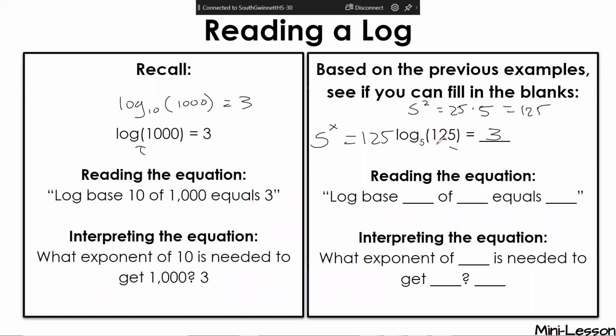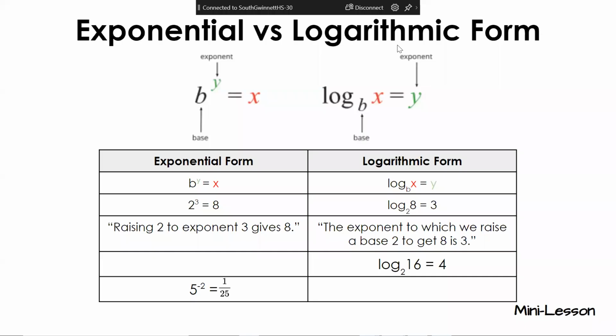So 5 to the third power equals 125. So log base 5 of 125 equals 3. And this is the same thing as saying what exponent of 5 is needed to get to 125, and that is 3.